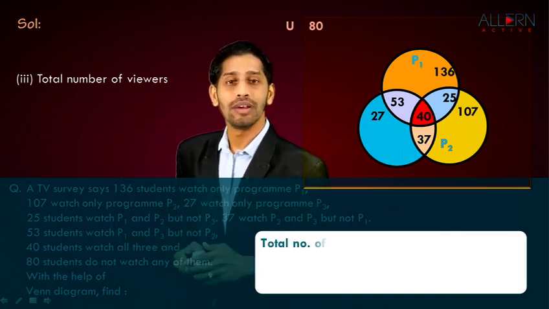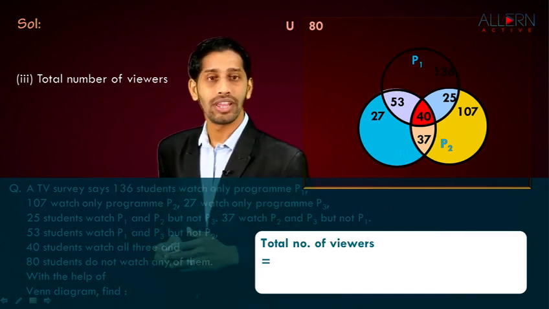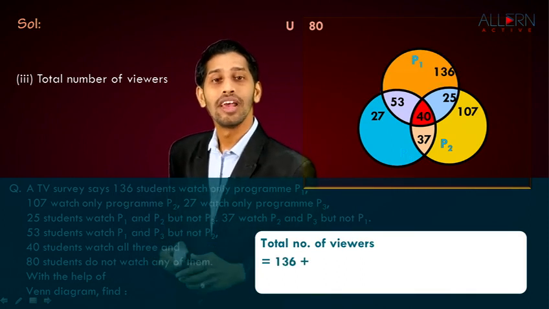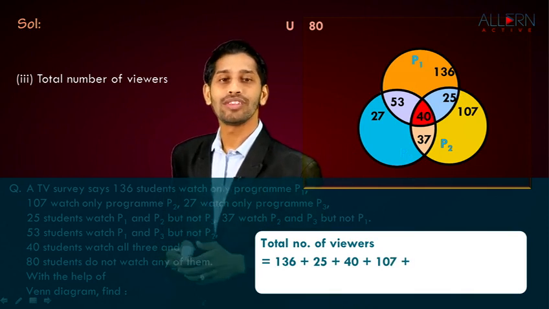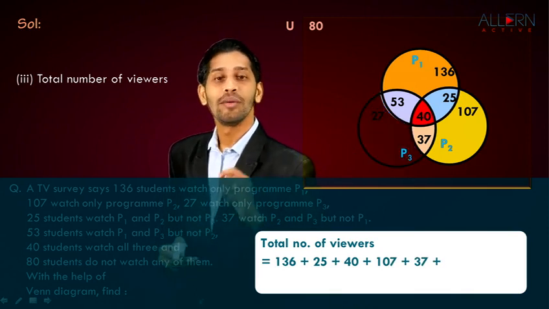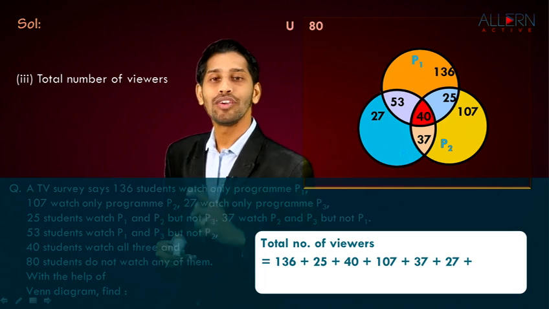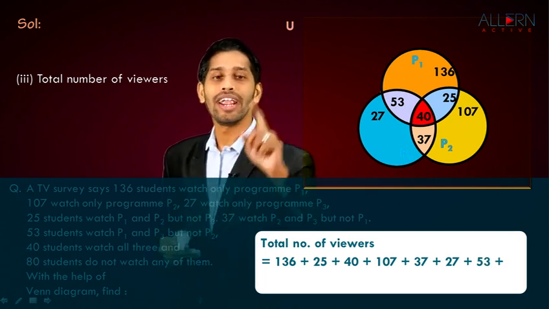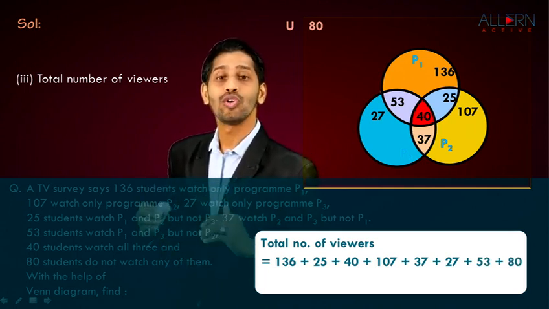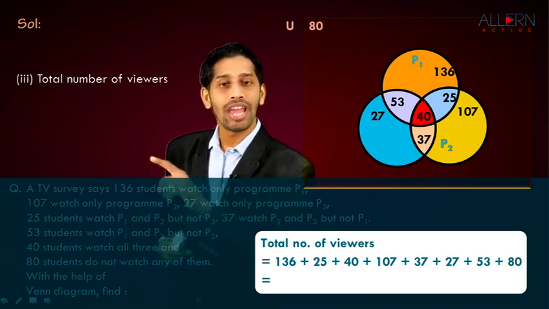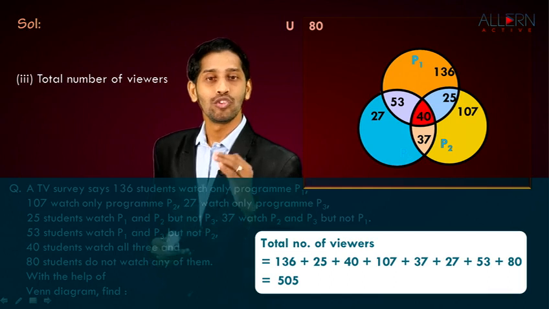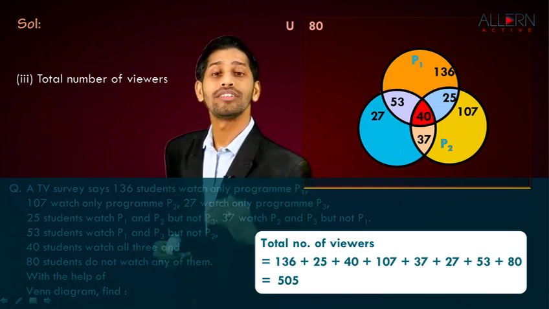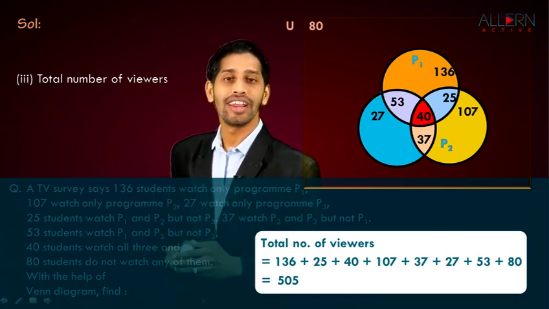Let's add: 136 plus 25 plus 40 plus 107 plus 37 plus 27 plus 53, and don't forget to add 80 because they were also surveyed. When we add all the numbers, we get 505. So the total number of viewers surveyed is 505.